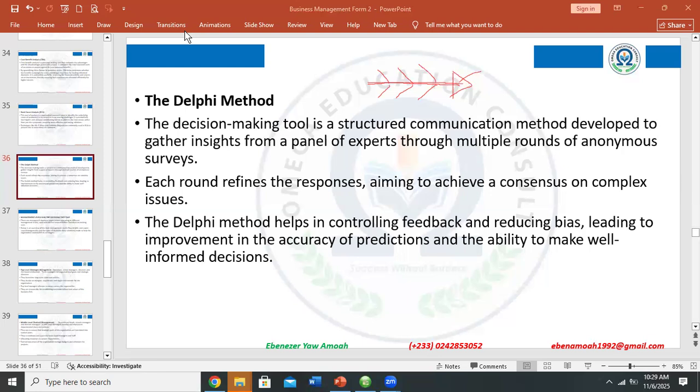But I think in this case, the people are not known, like anonymous, so they are unknown. And the aim of this method is to reach a consensus, which is also a general agreement on complex or difficult issues. Okay. Thank you very much.